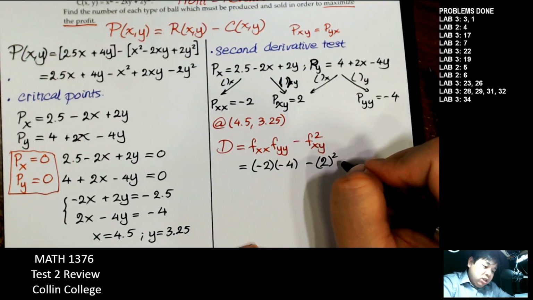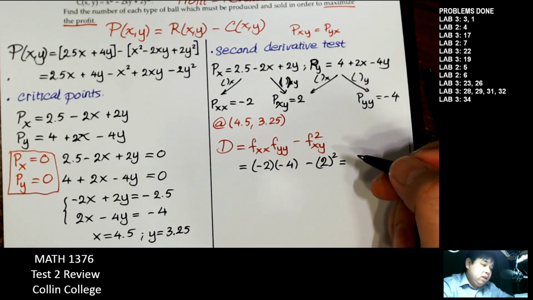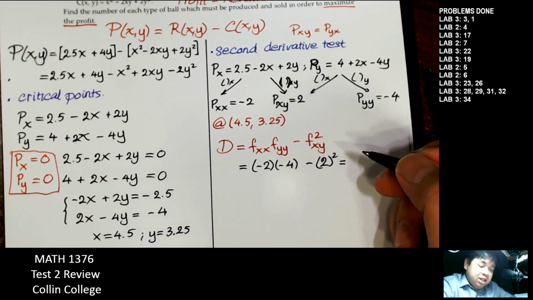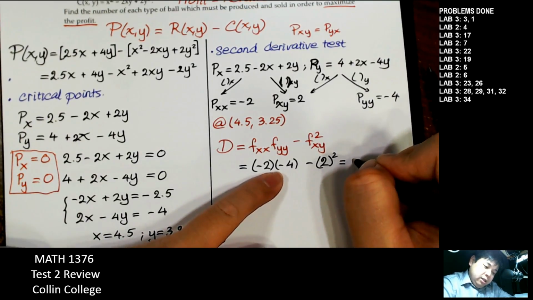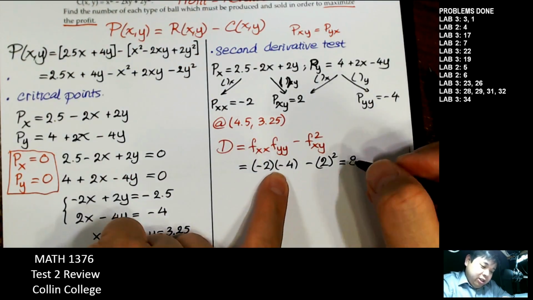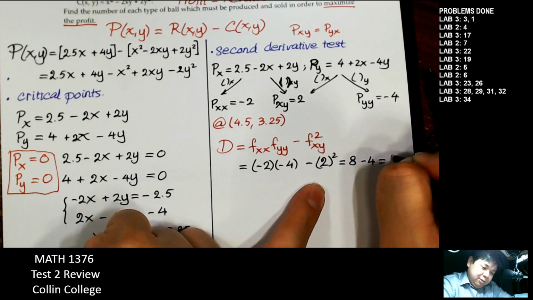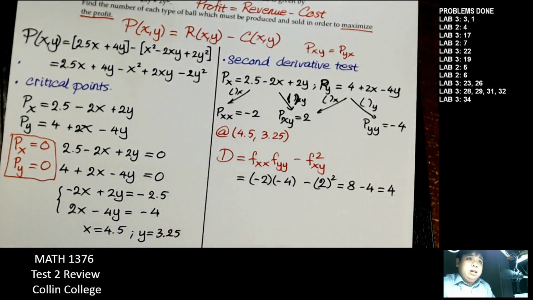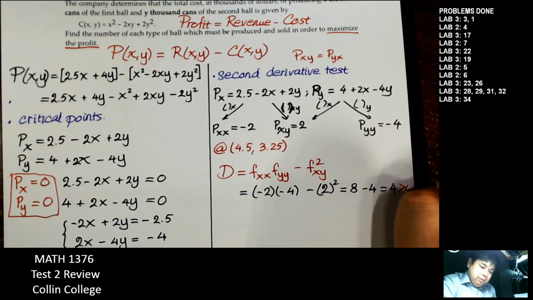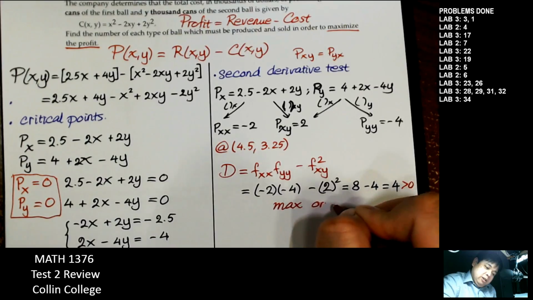We expect to have a positive answer here because when it's positive we have either a max or a min. If this one is negative, this is a saddle point. A saddle point. And it is indeed positive. So we have either max or min.